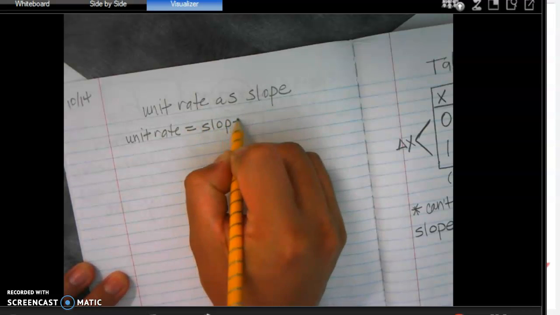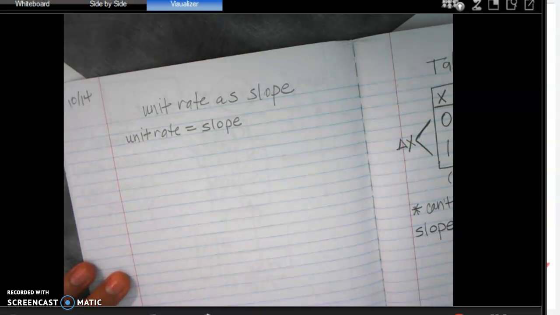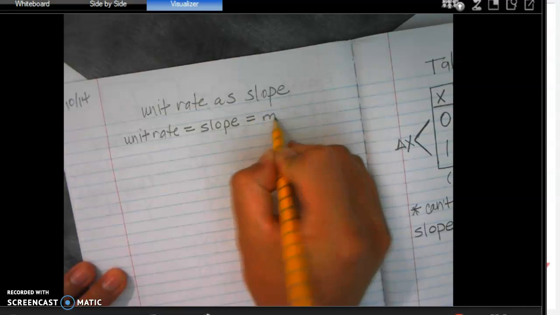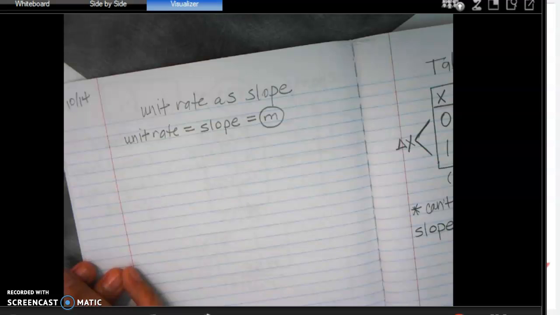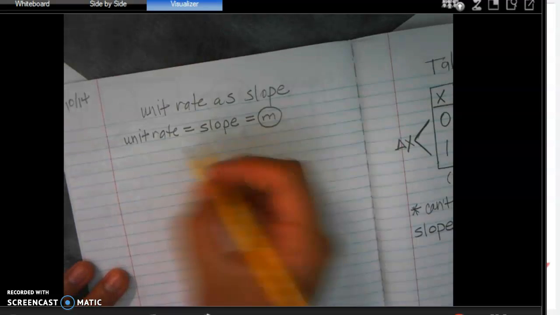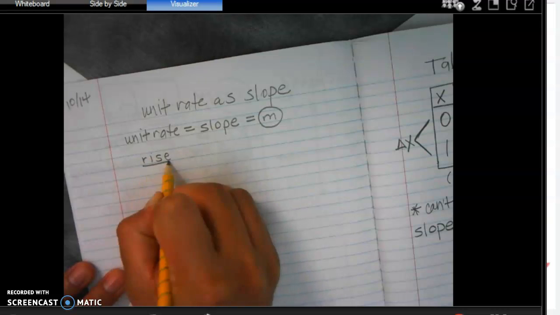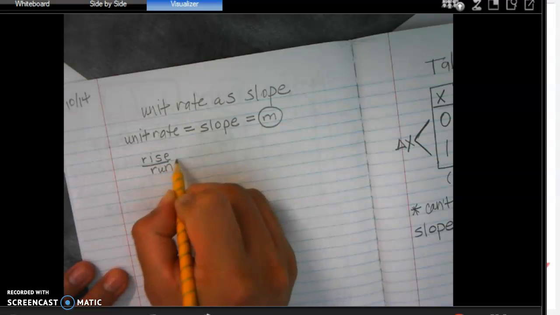So if your problem told you find the unit rate, you know that all you're doing is finding slope, okay? Once we find our slope, that is the m that is in our equation, right? Just like what we've been doing. Okay, the way we find it on a graph is rise over run, okay?